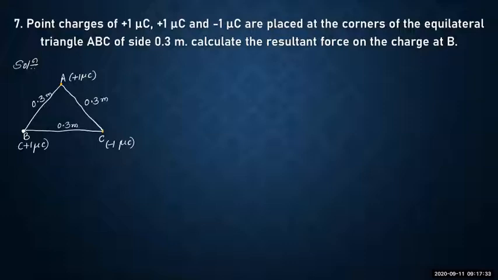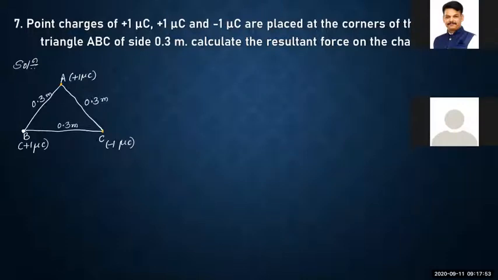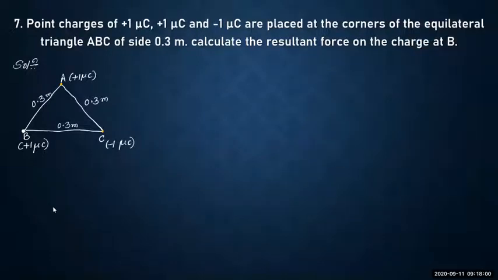If you know the direction of the force properly, then only you can calculate the resultant force. Remember my words. In what direction will the force on B act due to the charge at A?